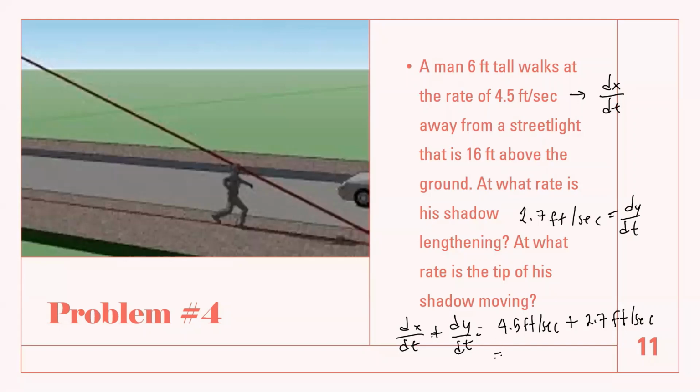So adding both, it will become 7.2 feet per second. So that means this is the rate at which the tip of his shadow moves. That is 7.2.